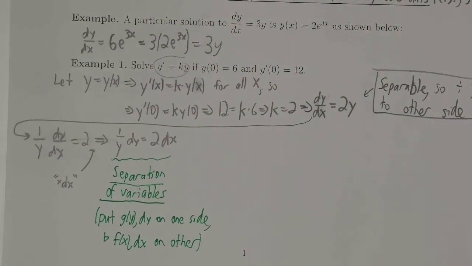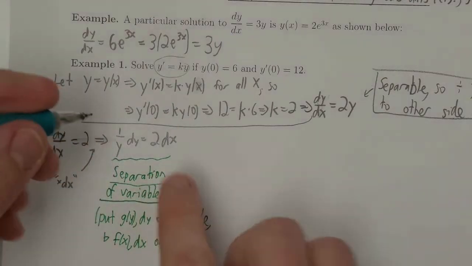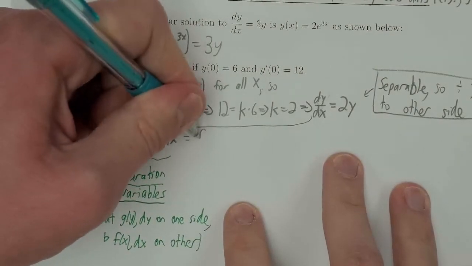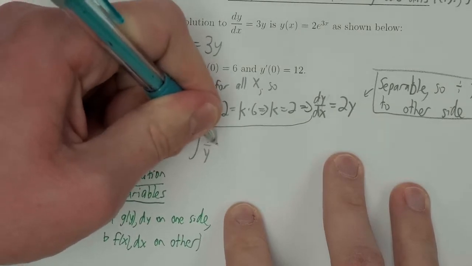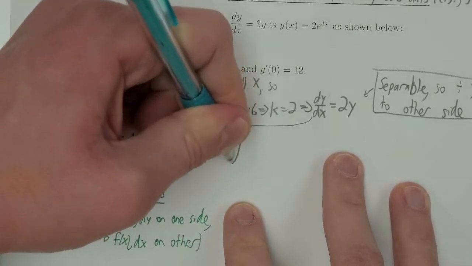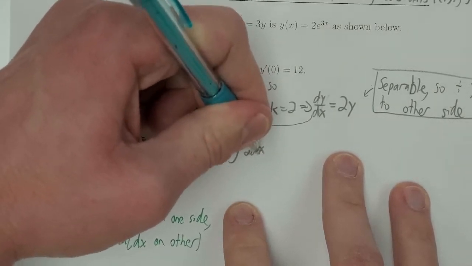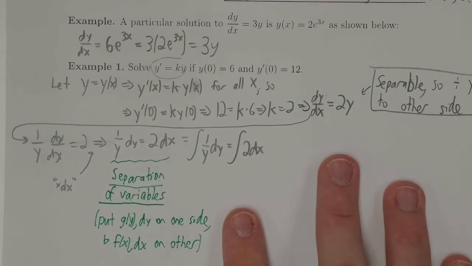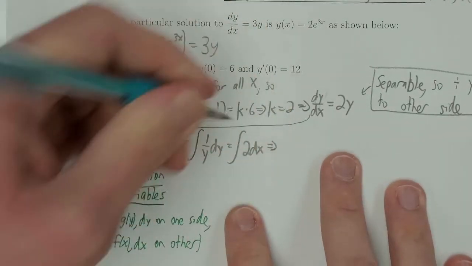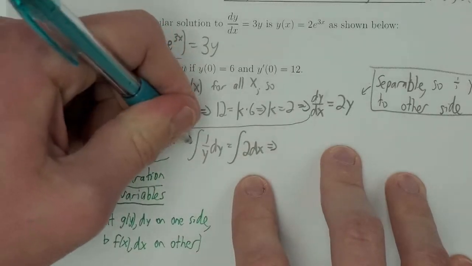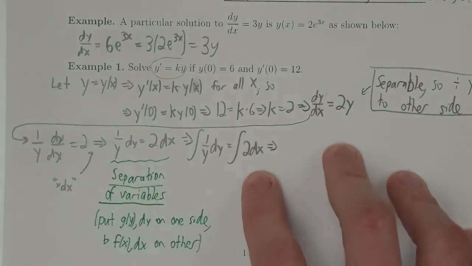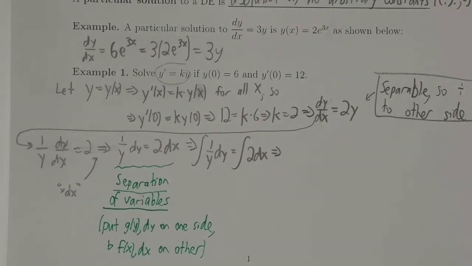Okay? So now that we do that, we can say, all right, now let's integrate both sides with respect to their specific variables. So we have 1 over y dy equals the integral of 2 dx. All right? So now we treat these as our own separate integrals and set them equal to each other, basically.